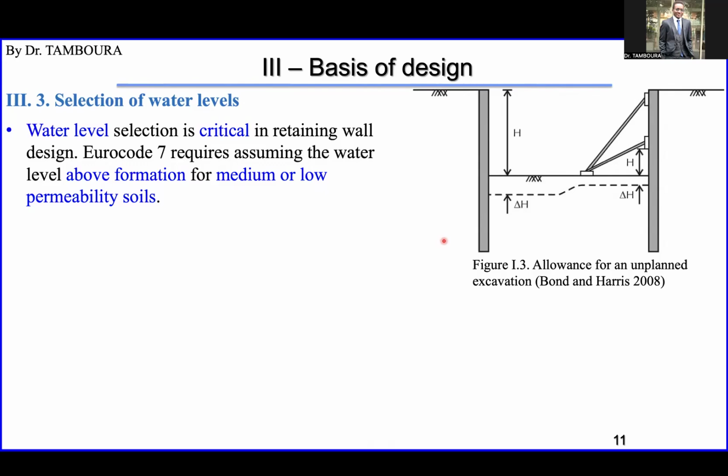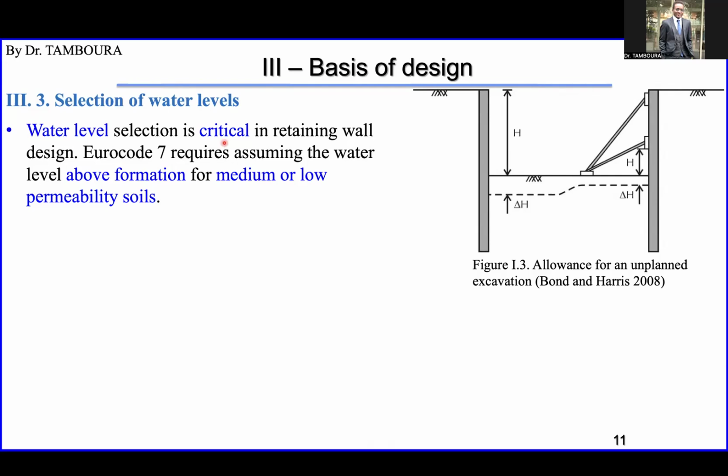Okay, so for that, you have to estimate the water level in your design. Okay, so it's very important to consider that.